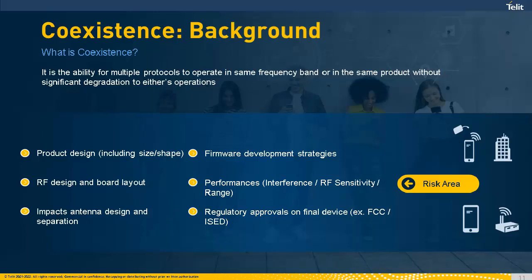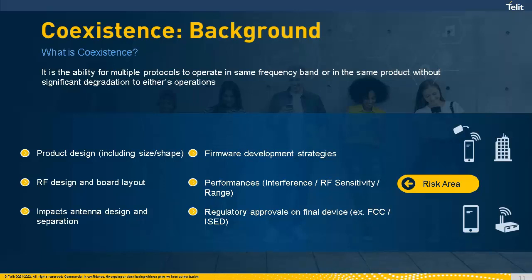We should take the coexistence aspect into consideration during all the phases of our device design, starting from the size and shape of the product itself, how we design the RF board, where we position the antenna, how we develop the software, to the regulatory approvals, as we are going to see later on during this webinar.